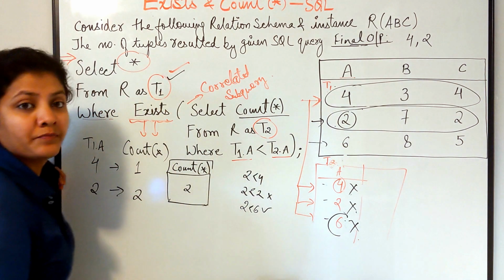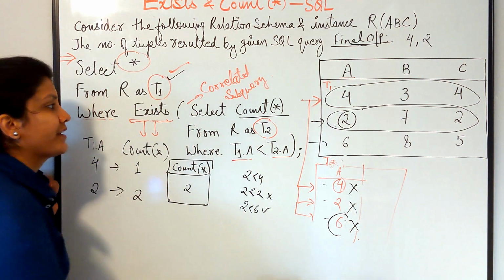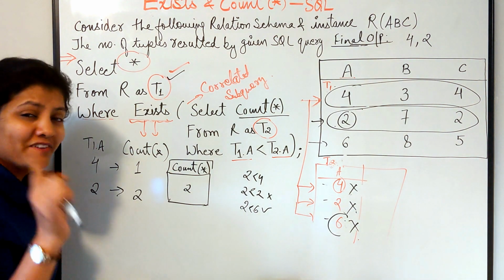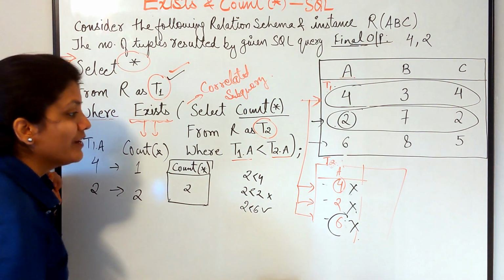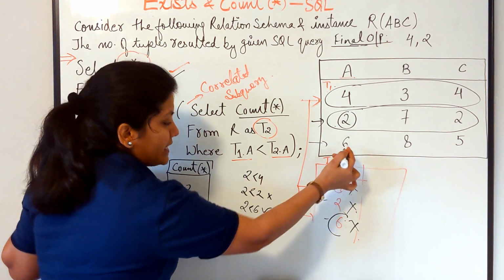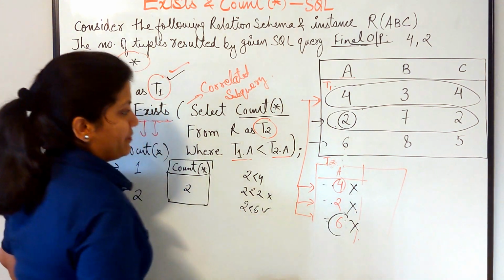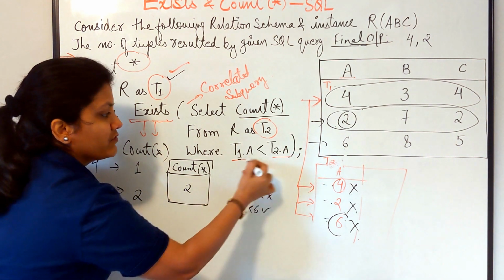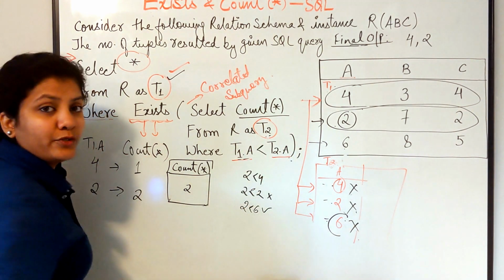Now you will realize the beauty of count star, or the problem related with count star. The 6 is not less than any of them. So for each tuple it returns false. This becomes false for each tuple of T2.